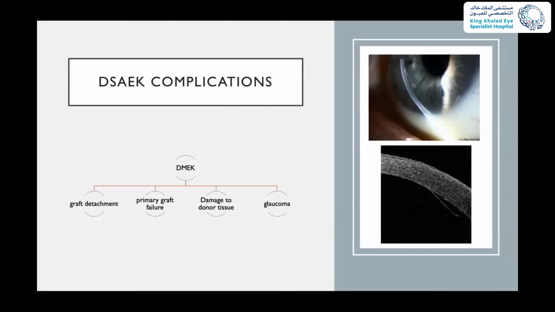Most probably, the primary failure is due to surgical trauma or damage to the donor tissue, because the DMEK tissue is very thin and very liable to injury with even minimal manipulation. Post-operative IOP spikes have lower rates despite longer air fill in DMEK procedures compared to DSAEK. But it remains a concern because of the potentially blinding consequence of this complication.